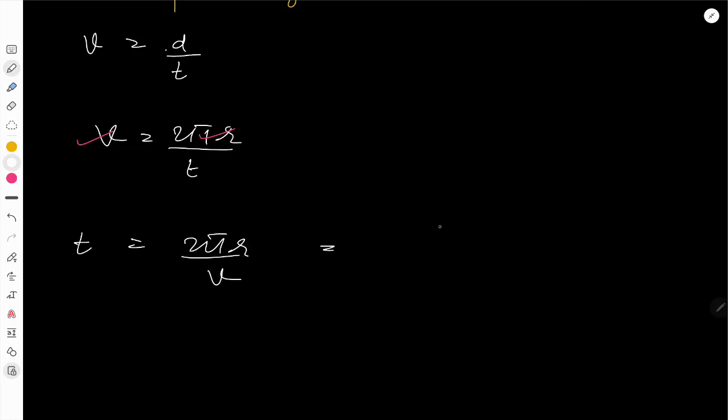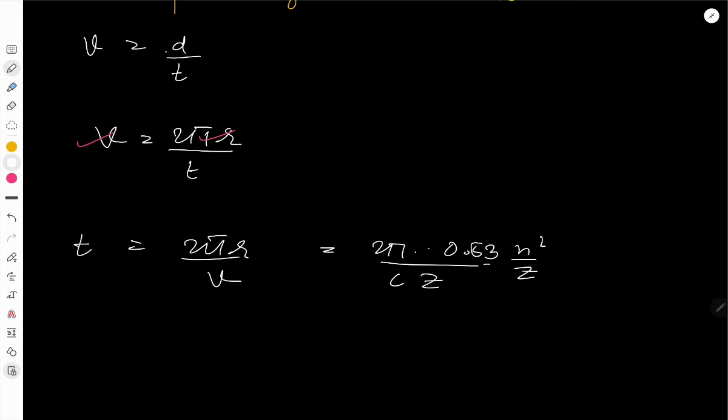Upon substituting the values, we get 2 pi into 0.53 n square by z upon c z.